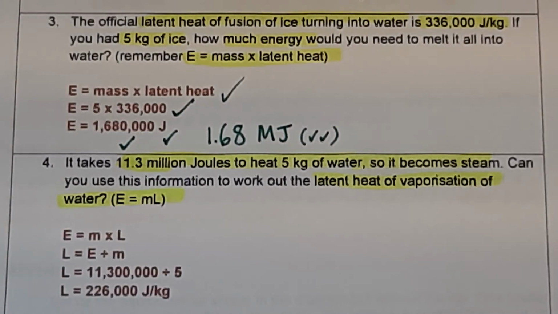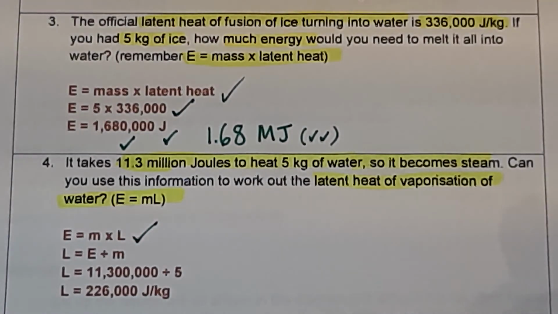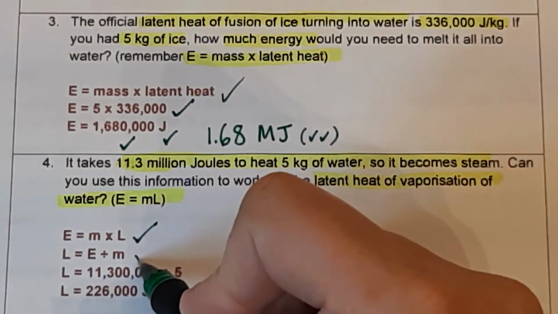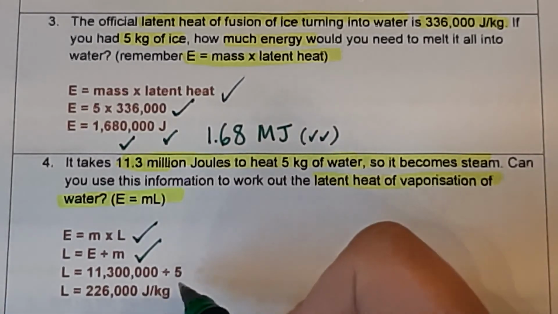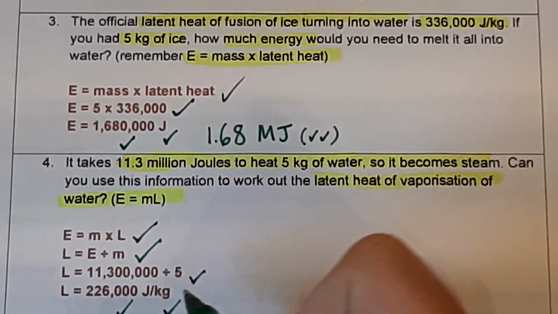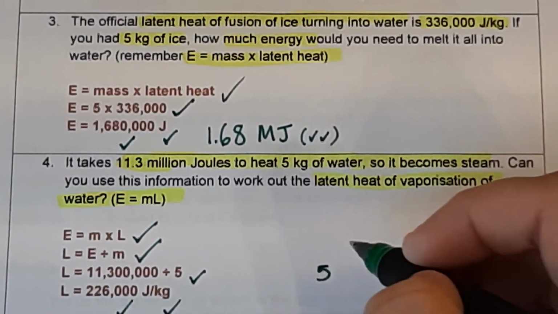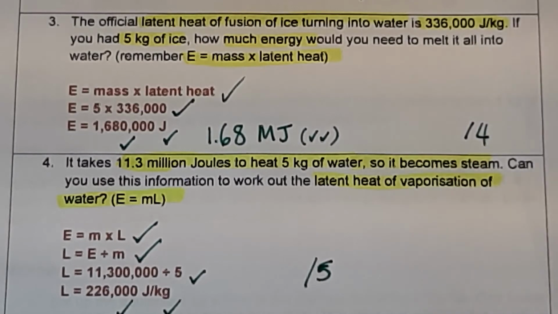Okay, so use the equation, E equals m times L. You'll need to rearrange it so that L equals E divided by m for a second mark. Then L equals 11.3 million, or 11.3 and then 5 zeros, divided by 5, because it's 5 kilograms of water. And your answer is 226,000 joules per kilogram. So that is a mark out of 5. And our previous question was a mark out of 4.